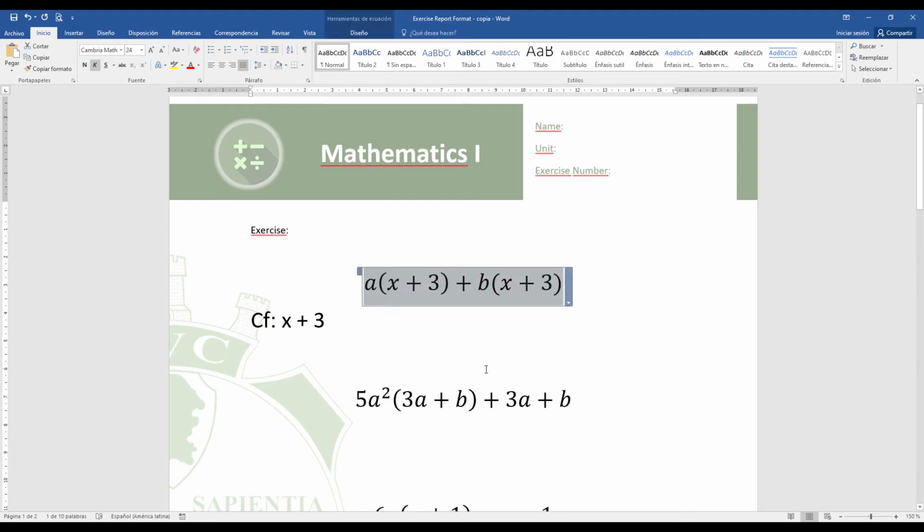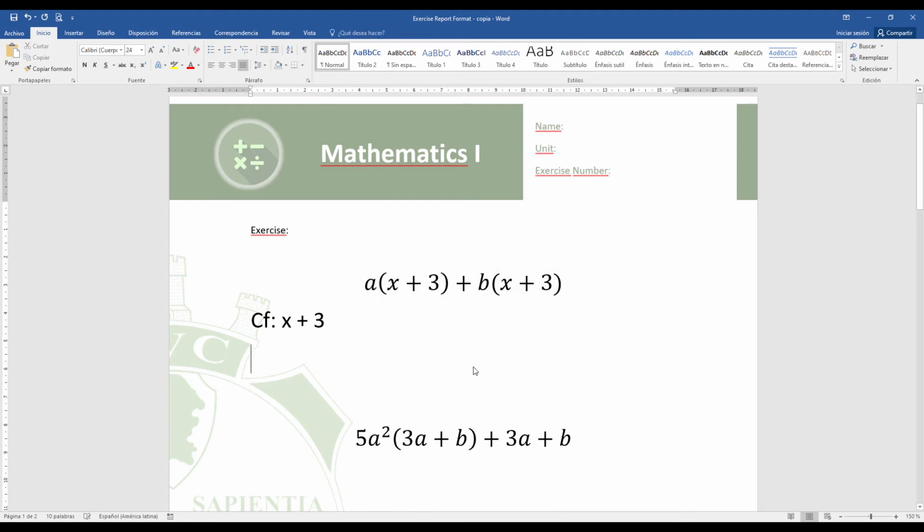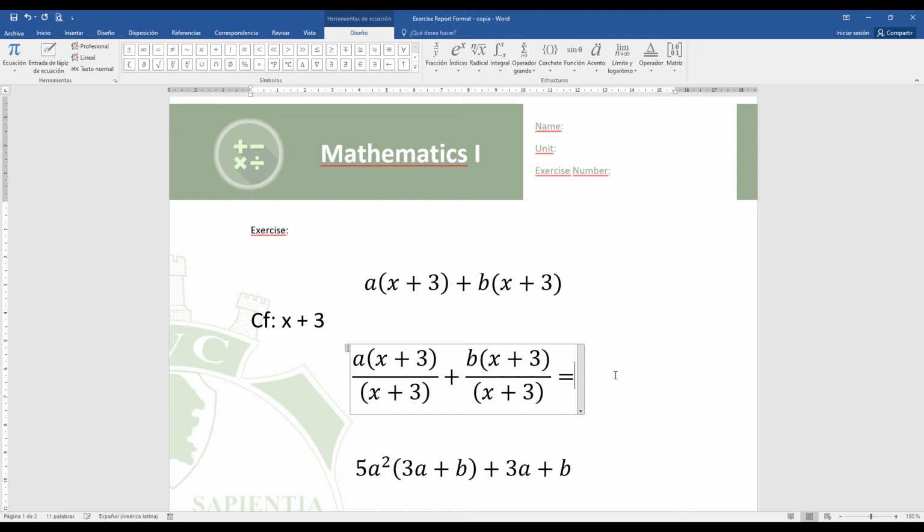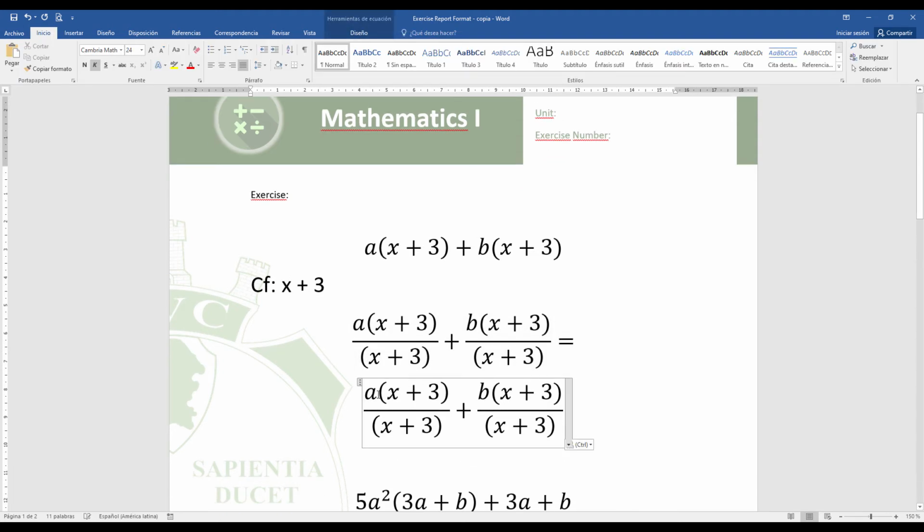So you need to divide the expression by that. If you divide that, you can change it to something like that.